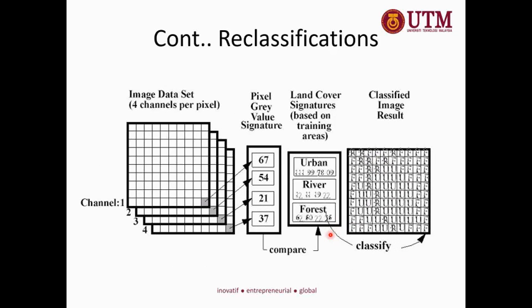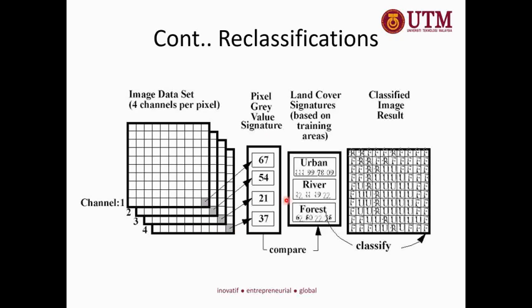Okay, this is an example. Maybe we have 3 to 4 satellite data layers, and then we give some value for each pixel. For this one layer we give 67 for the pixel value, and then 54 for the second layer, 21 for the third layer, and 37 for the fourth layer.